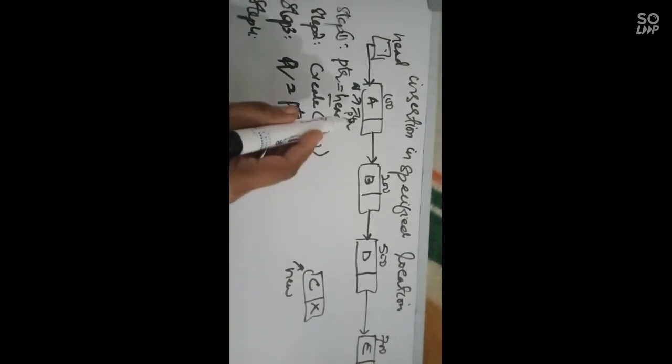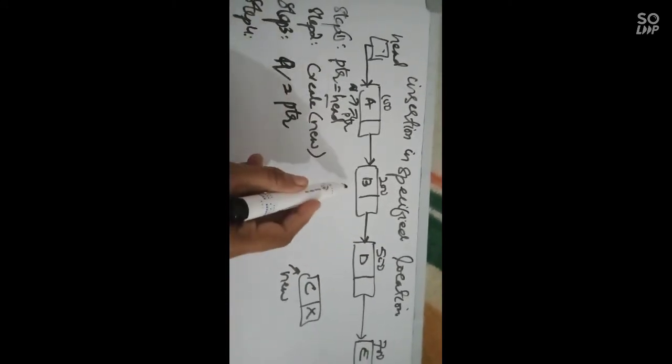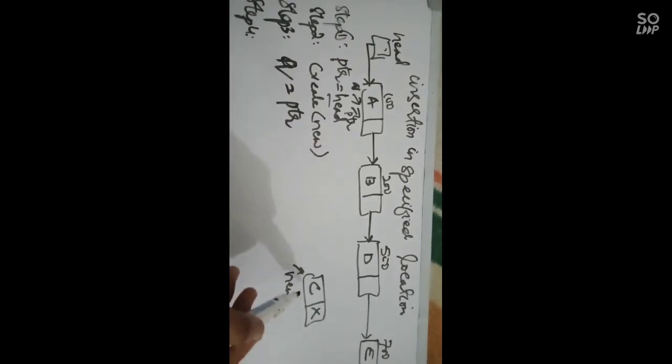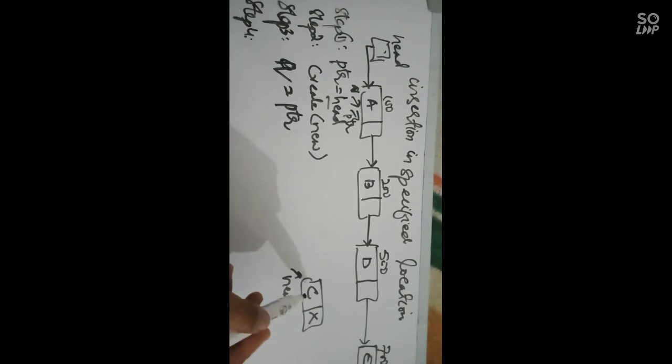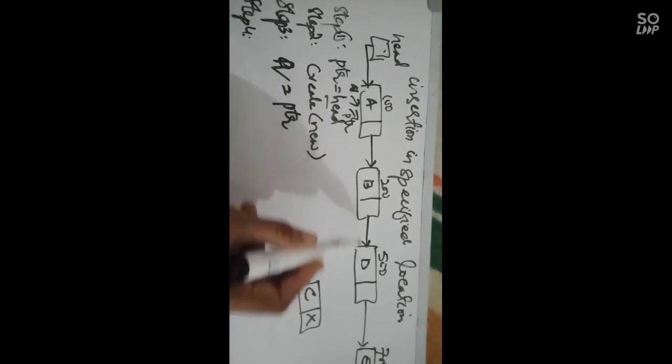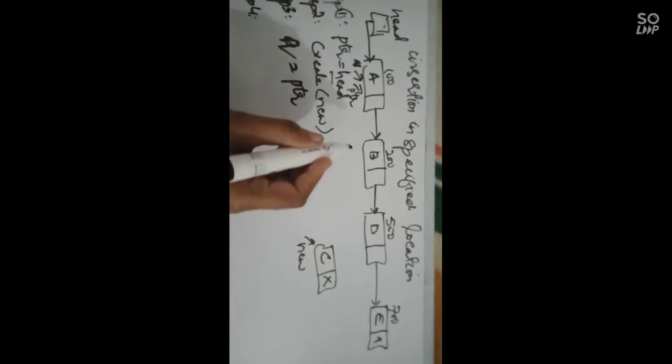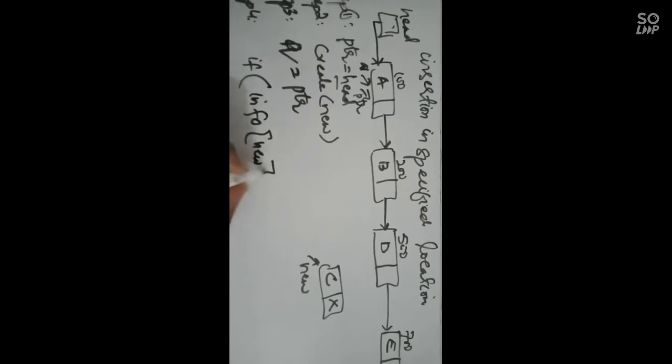If it is greater than, then we will move the pointer to the next node. Again, we will compare this information with this one. If the information is greater than, we again forward this pointer to the next node. So in this way we will reach our specific location. Okay, so here we say, now this is the condition, info of new is greater than info of PTR.